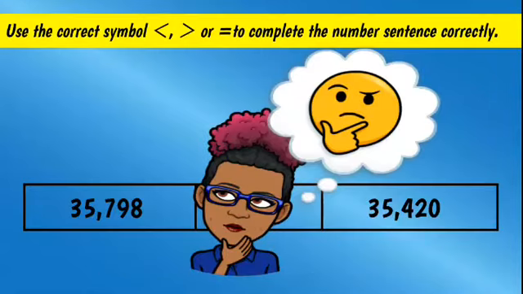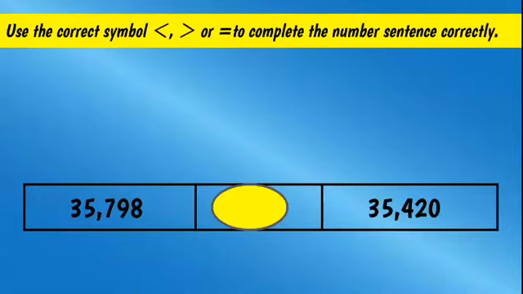For the last example, use the correct symbol, less than, greater than, or equal to, to complete the number sentence correctly. So our numbers, 35,798, is it less than, greater than, or equal to 35,420? We continue comparing: 30,000 in the first, 30,000 in the second. So we move on to the thousands digits. 5,000 in the first, we also have 5,000 in the second.